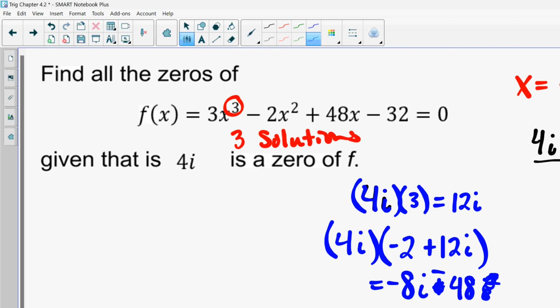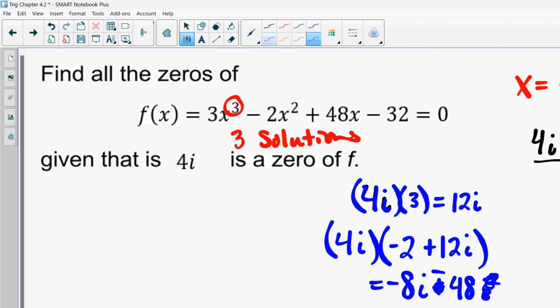And lastly, we're going to do 4i times negative 8i. 4 times negative 8 is negative 32, and i times i is i squared. Well, the i squared is negative 1, which is going to turn it from negative 32 to positive 32.